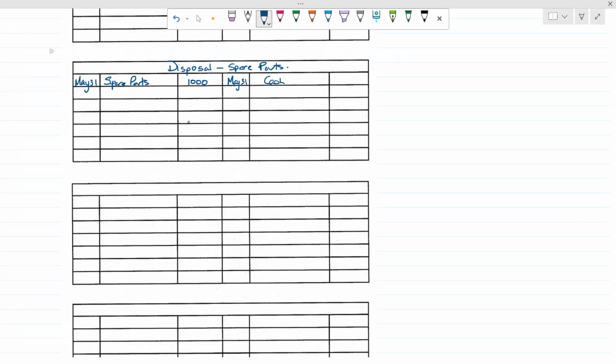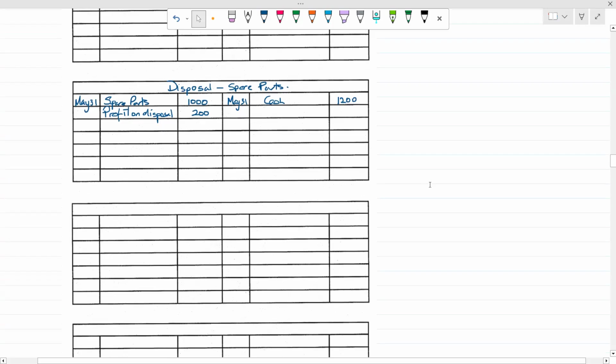So I put cash $1,200. Now, if you look at this side has 1,200, this side has 1,000. So I'm gonna write here profit on disposal $200. That's how this is gonna match up with the $1,200 and reconcile the difference between the cost of the spare parts and the profit that I made on the sale. Everybody all right with that?